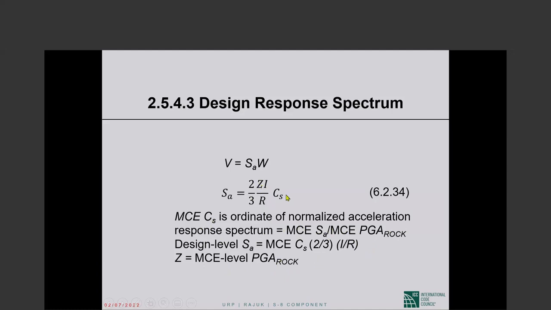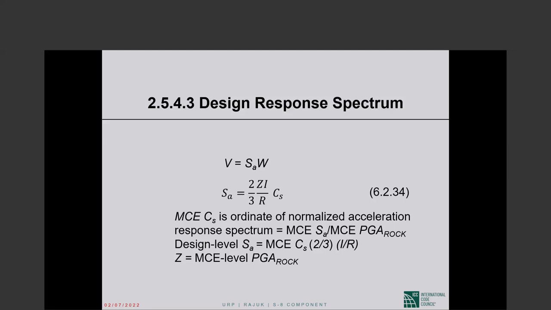So Z times C sub S is actually MCE level S sub A. All we have done here is taken MCE level S sub A, multiplied by 2/3 to get it down to design level, and then made those I over R modifications. I spent quite a bit of time with this, and hopefully you will gain something from it in your ability to relate AC7 and BNBC.